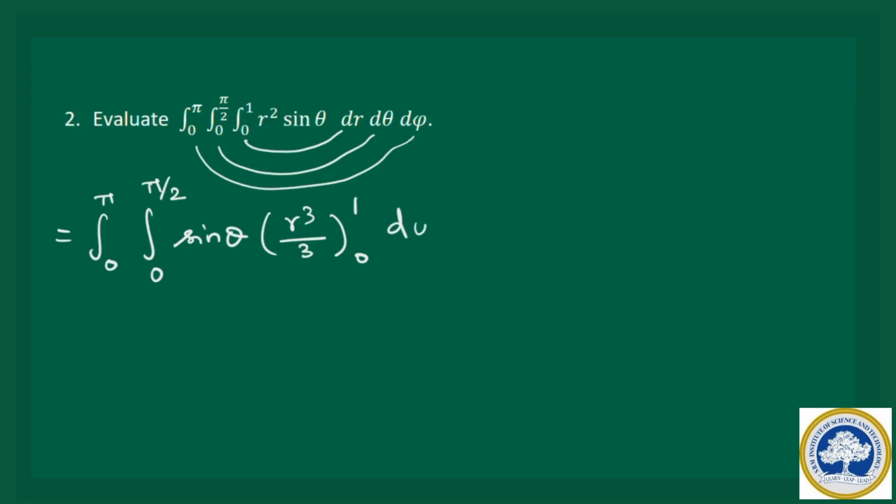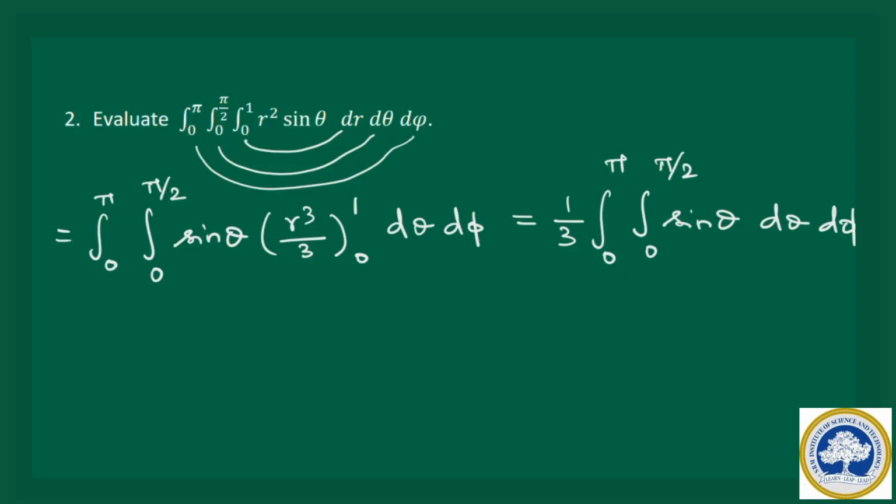The leftover derivatives are d theta and d phi. Now applying the limit, upper limit minus lower limit gives 1 by 3. So 1 by 3 is constant, we can take it outside. Now we are left with the double integration, sine theta d theta d phi.